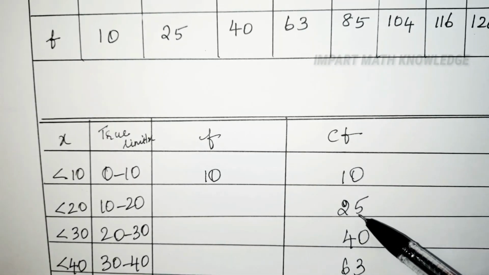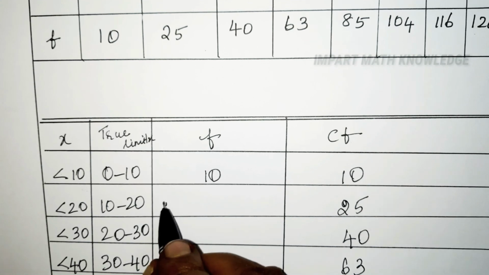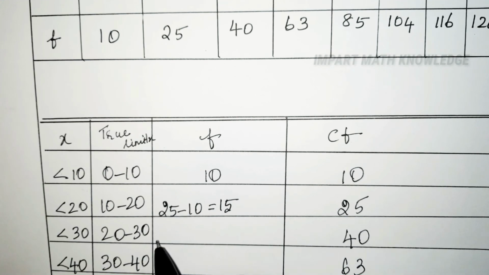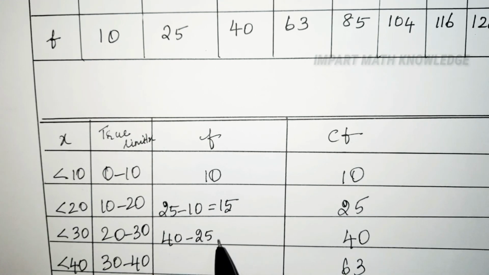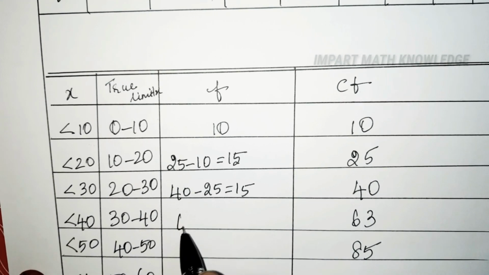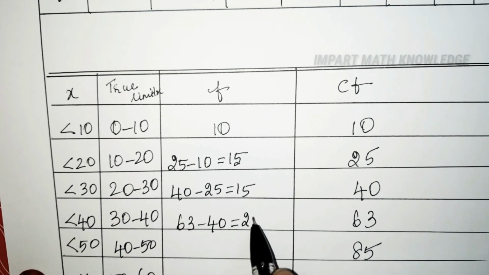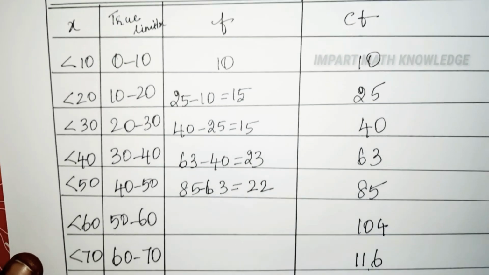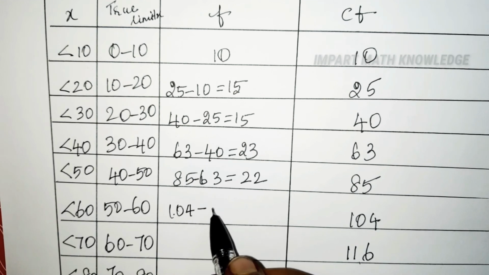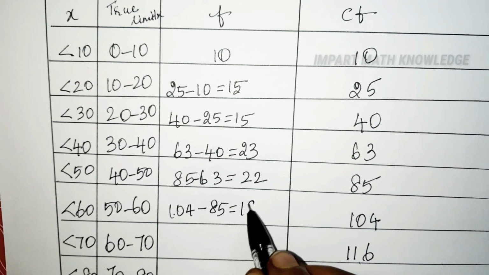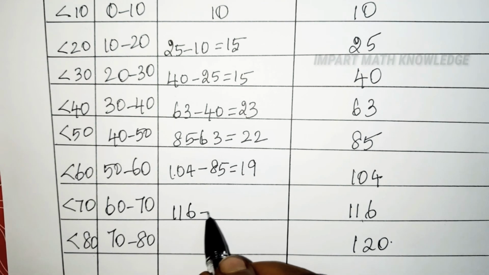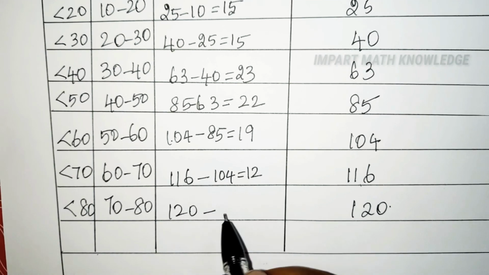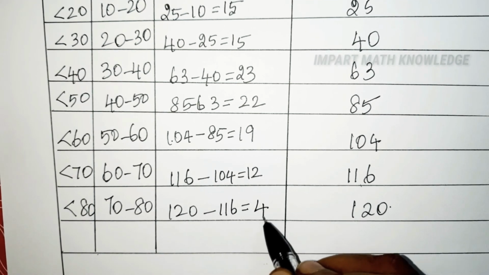You take the difference, second value minus first value. 25 minus 10 is equal to 15. 40 minus 25 is equal to 15. 63 minus 40 is equal to 23. 85 minus 63 is equal to 22. 104 minus 85 is equal to 19. 116 minus 104 is equal to 12. 120 minus 116 is equal to 4.